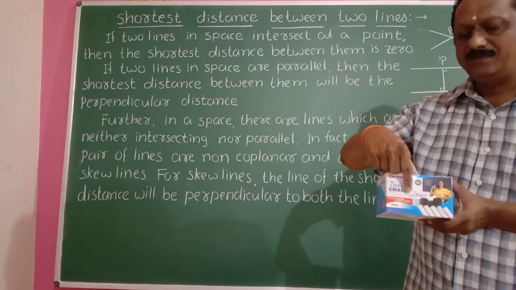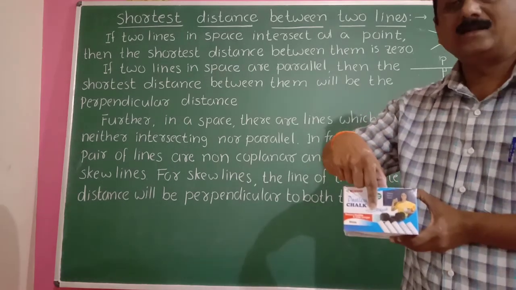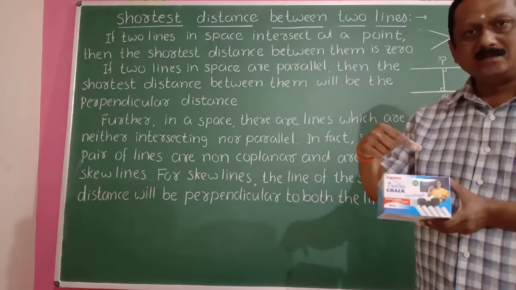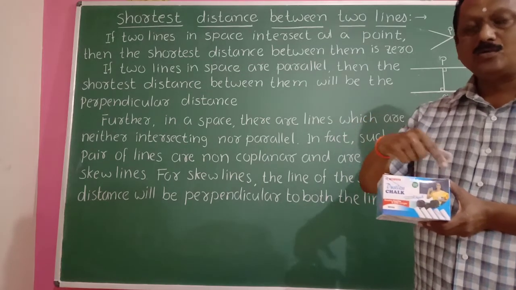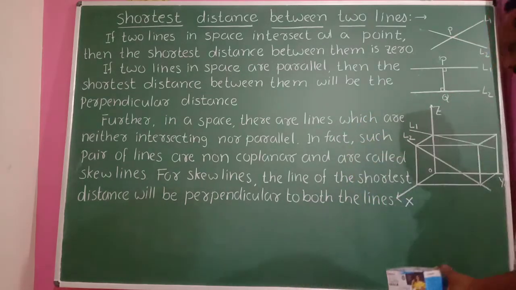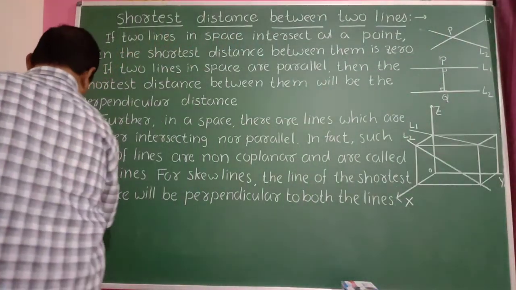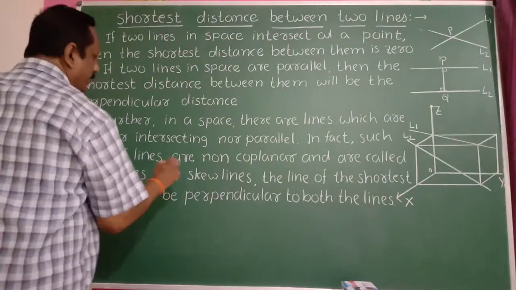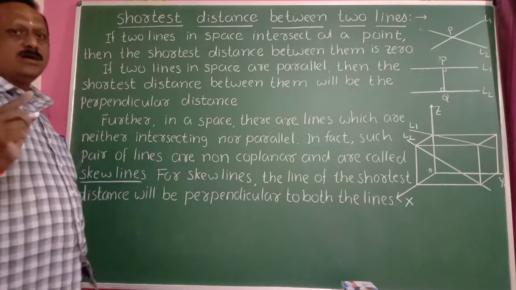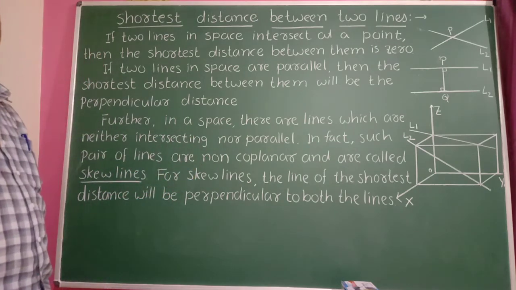Therefore they are non-intersecting, non-parallel and non-coplanar. Such lines are called skew lines.